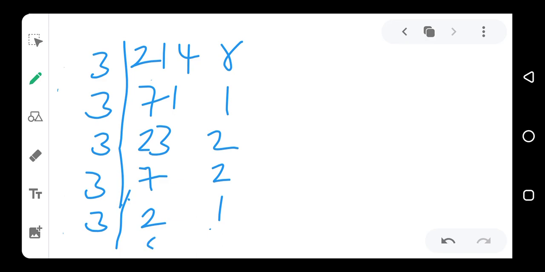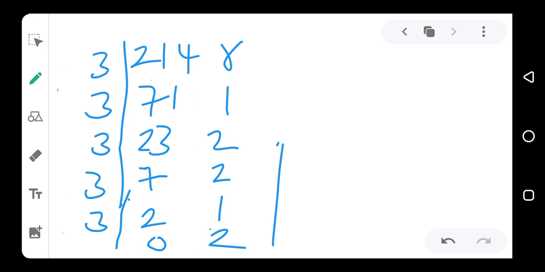We get 0 and then carry the number down to the remainder side. That is the number that we want to divide. We bring it now down to the remainder side, which is 2. 2 divided by 3, it cannot divide it, so we write 0 under it, and then bring the number that we want to divide down to the remainder side.